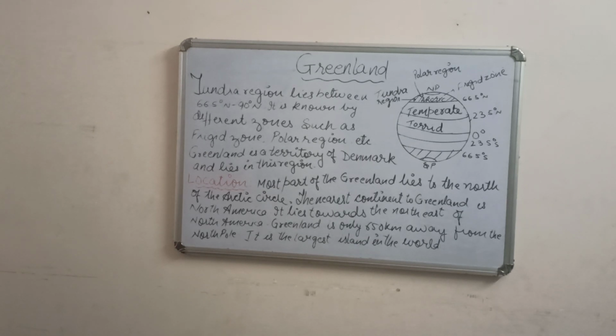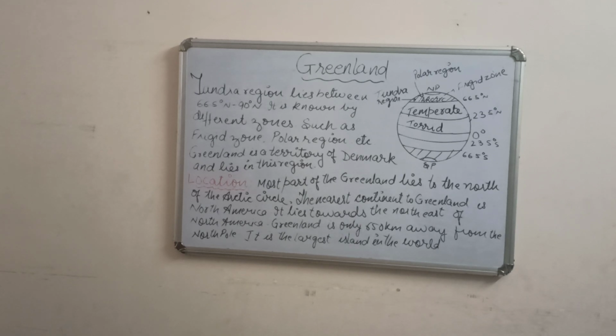So this tundra region is known by different names. What are those names? They are obviously frigid zone, polar region, or we can call it tundra region too. And Greenland is a territory of Denmark and lies in this region.